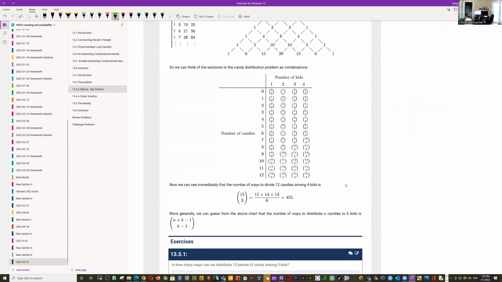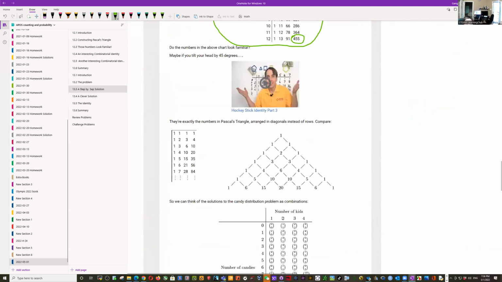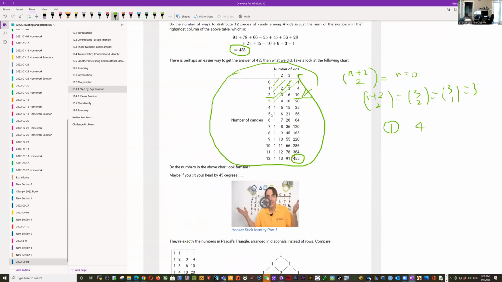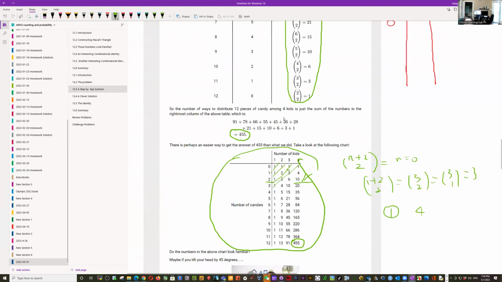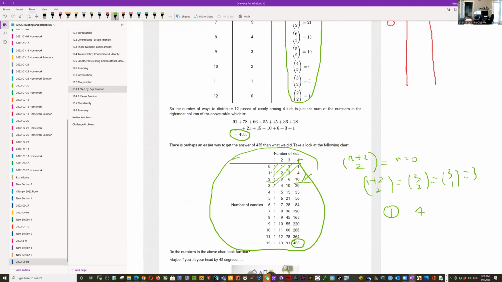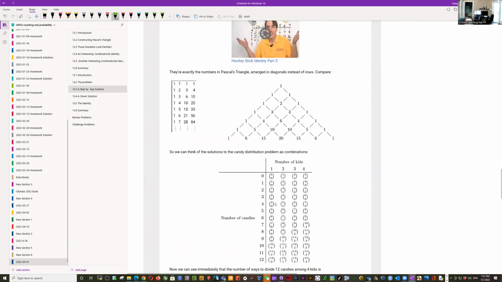Basically, if we replace this table with Pascal values, here the first element is 0 choose 0, and the second number is 1 choose 1, and then this is 2 choose 2, and this side is 1 choose 0, 2 choose 0. So basically you can lay it out this way.